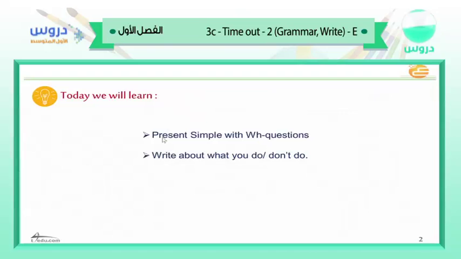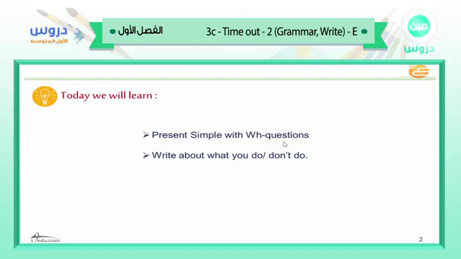Today we will learn present simple with WH questions. So we will talk about the present simple tense, exactly with WH questions. By WH questions, we mean the questions that start with where, when, who, how, and so on.